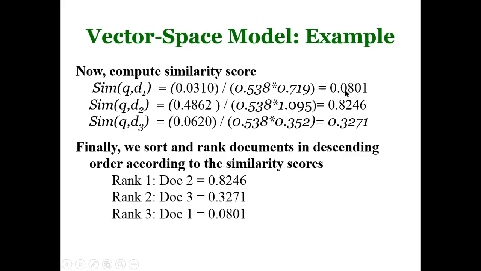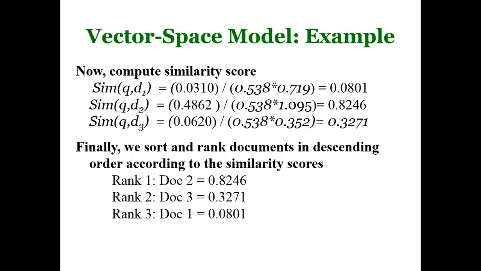It will give you 0.0801, the similarity between Q and D1. Again for D2, the dot product, the summation of multiplying terms in the query against terms in D2, will give you 0.4862, divided by the length of Q, which in terms of query terms is the square root of the weight of term 1 in the query squared, plus the weight of term 2 in the query squared, plus all the terms in the query in terms of their weight squared.